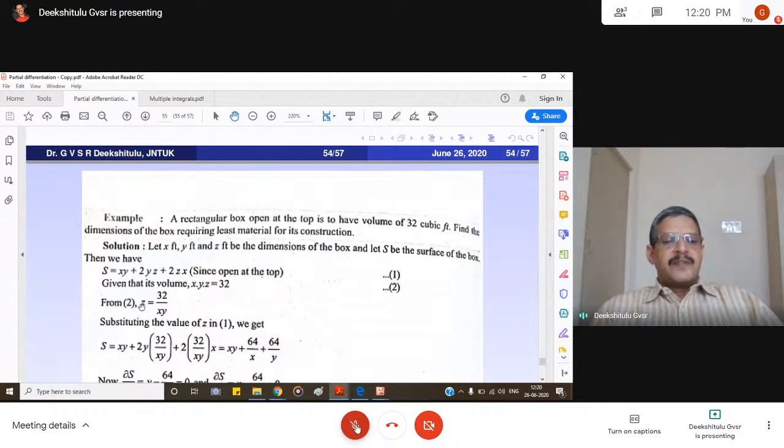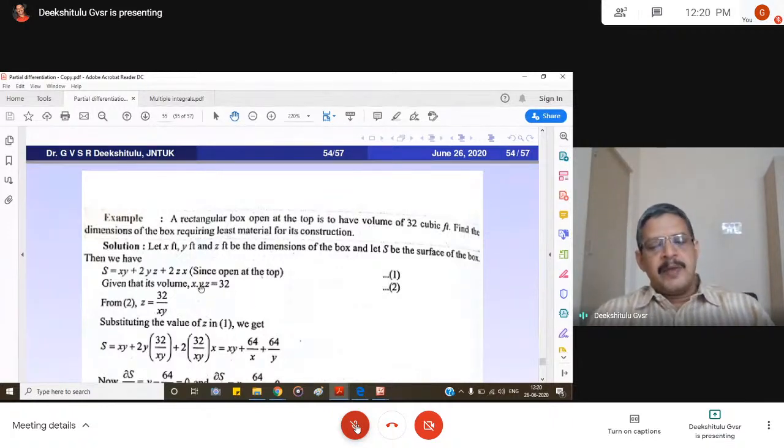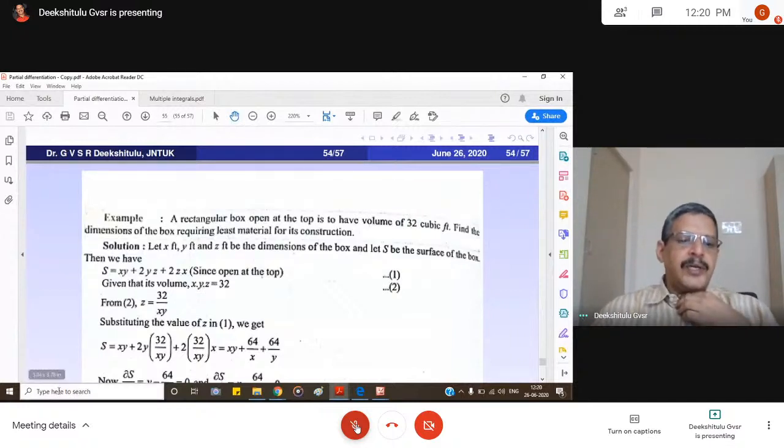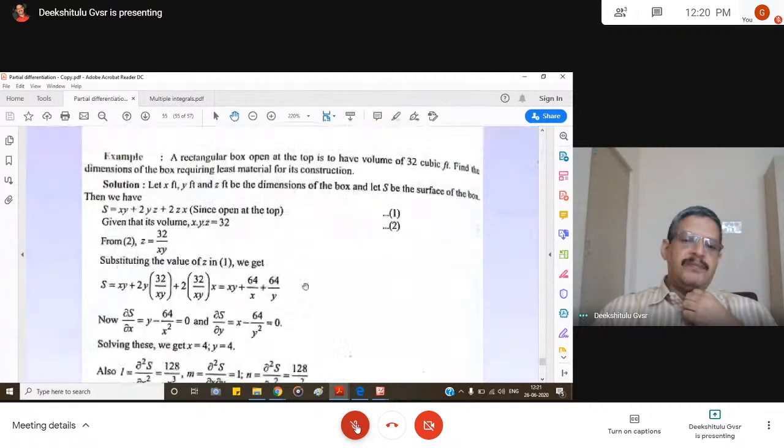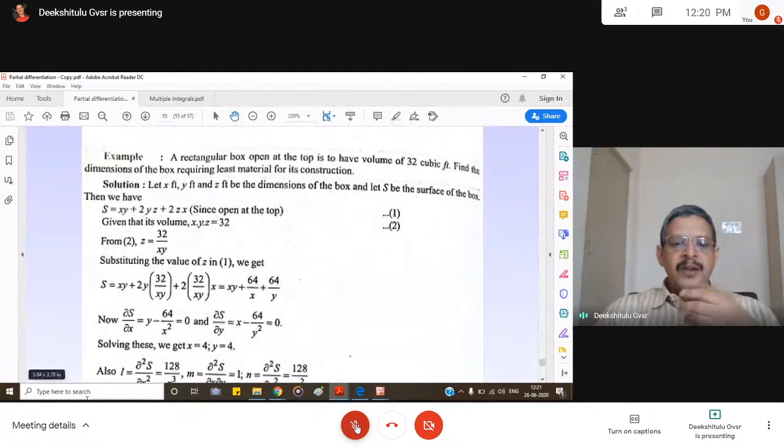This is a 3-dimensional problem, and maximum and minimum we have defined only for 2-variable problems. So what we are doing is reducing 3 dimensions to 2 dimensions. How? z is equal to 32 by xy, put it in S. So xy plus 2 into y into 32 by xy, plus 2 into x into 32 by xy. So this is your surface area now. For this you have to find the minimum value.